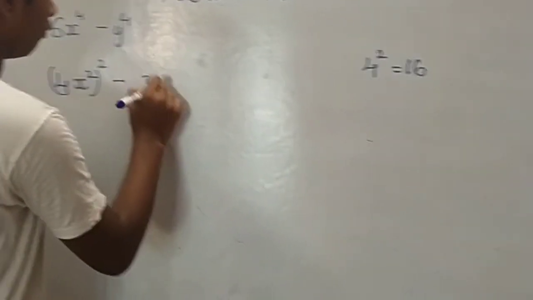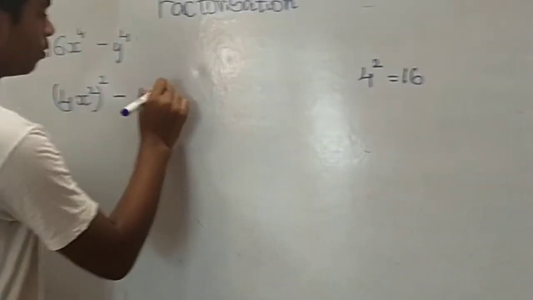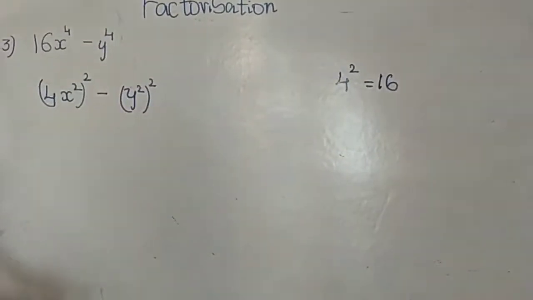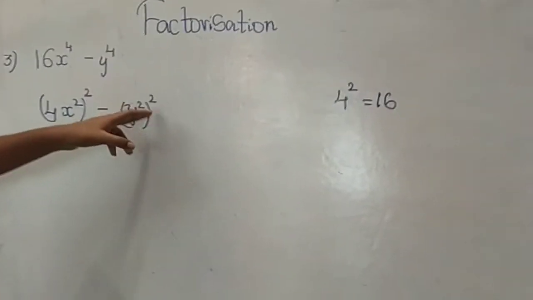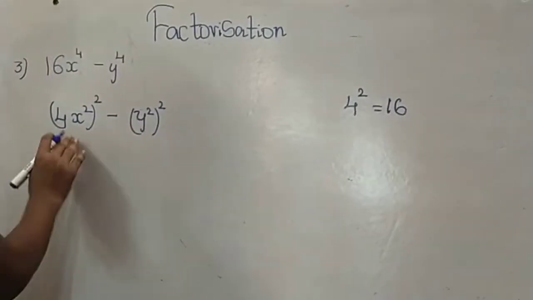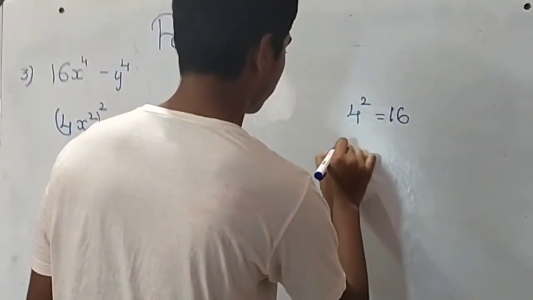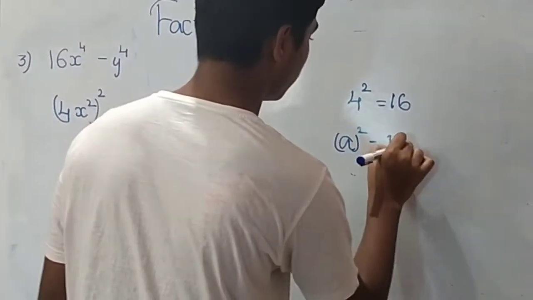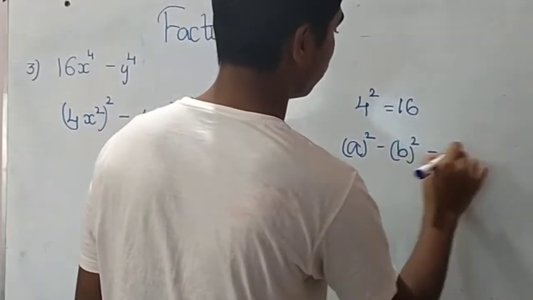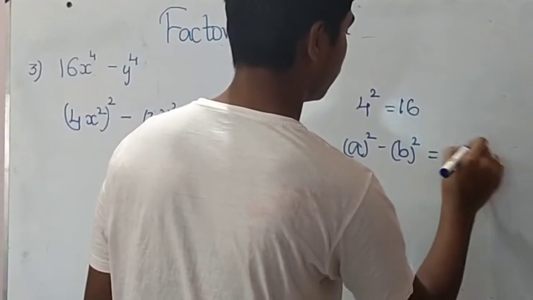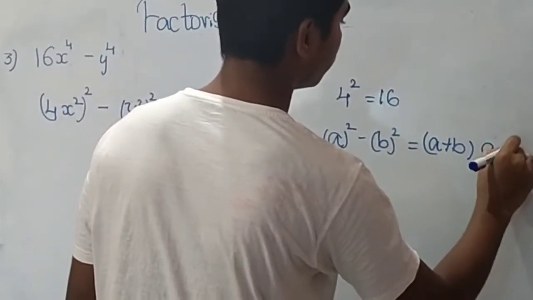Now y square whole square, because y square into square is y power 4. This is in the form of a square minus b square, that is a plus b into a minus b.